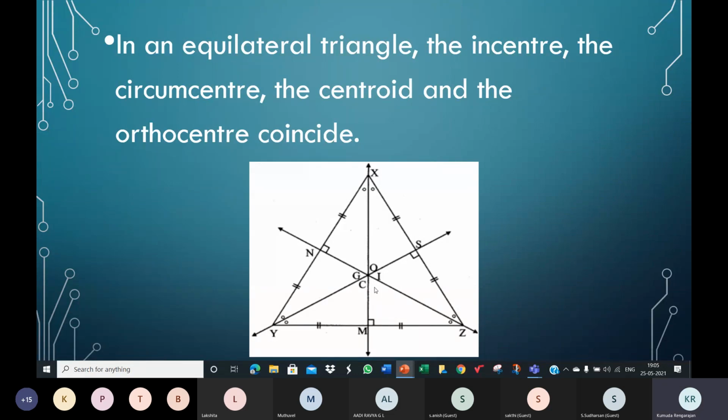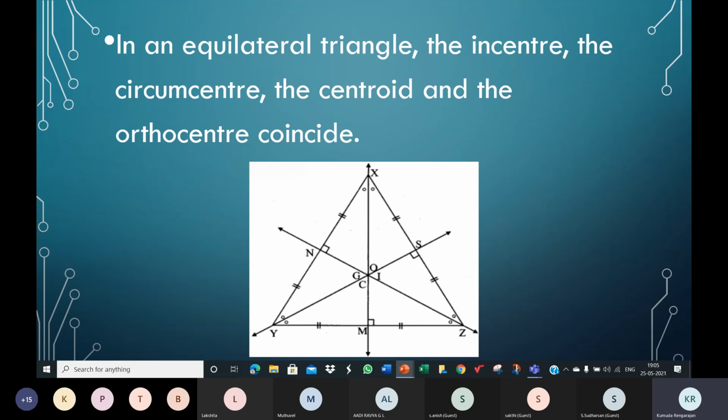This is what we saw yesterday. Now when you look at XM as the median, and G as the centroid, G divides XM in the ratio 2:1. This applies in every triangle. Somebody asked this question also yesterday: is it only in an equilateral triangle that the centroid divides the median in the ratio 2:1?